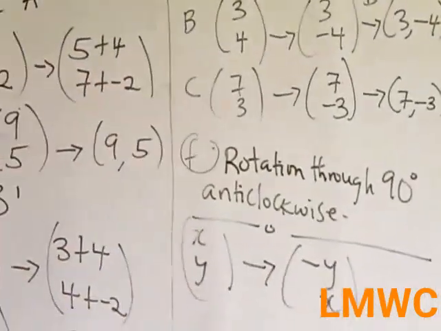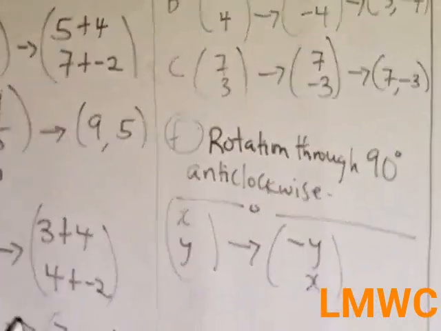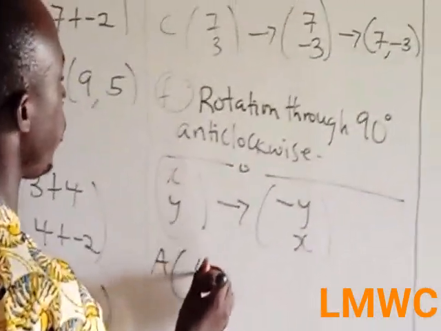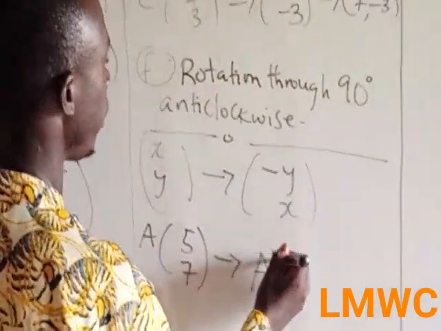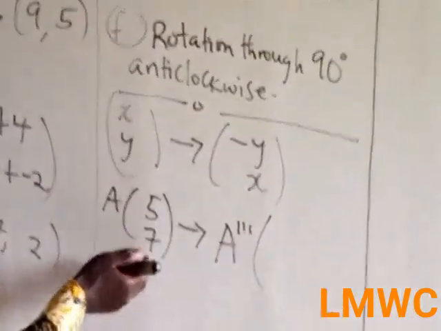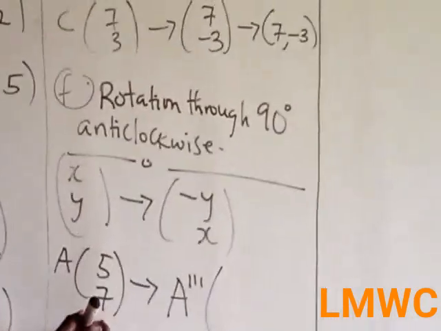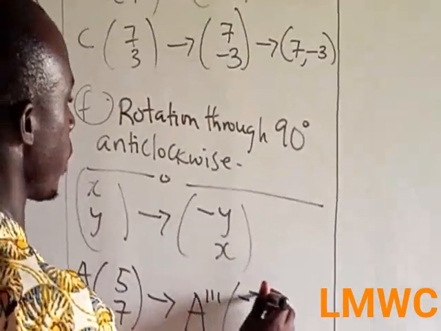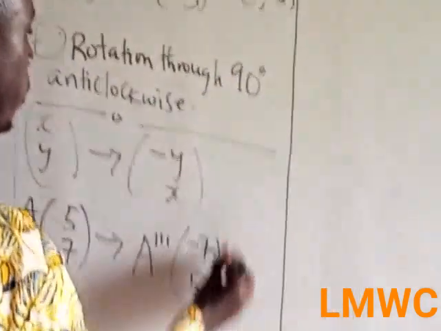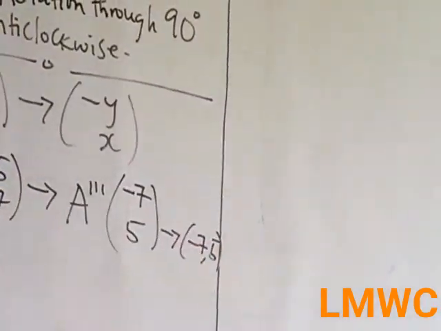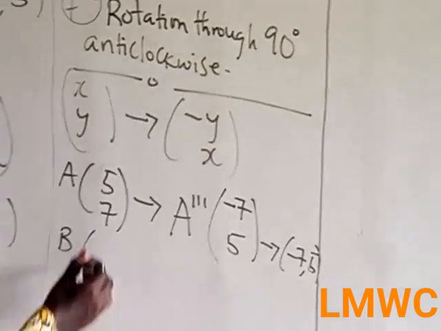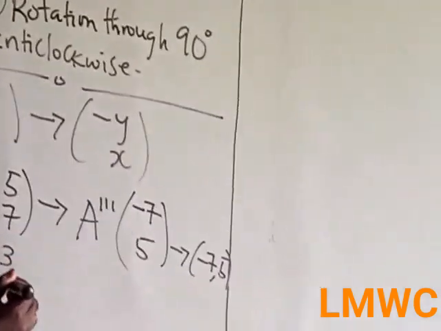That's the formula. We have A. A is 5, 7. So A3 becomes, what is y here? This is x, this is y. So y is negative 7, so it's negative 7, 5. B we have as 3, 4.